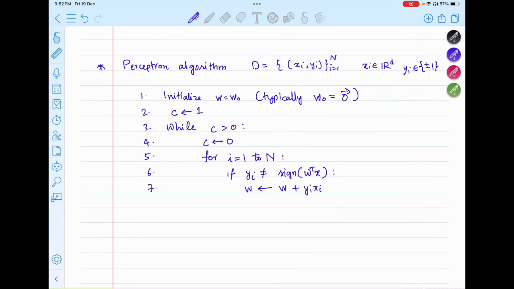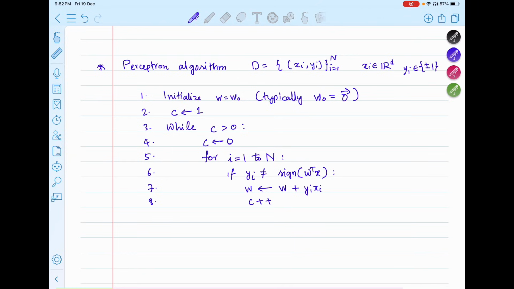If it is being correctly classified, then there is no need of an update. Along with that, we also increment the value of C, which is C++. And this algorithm goes on.